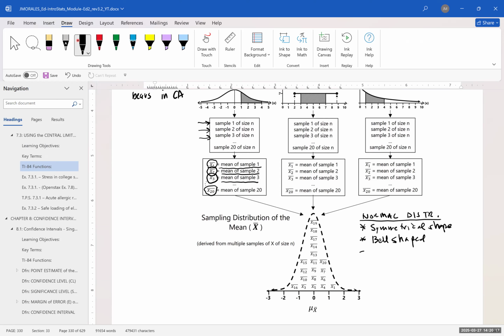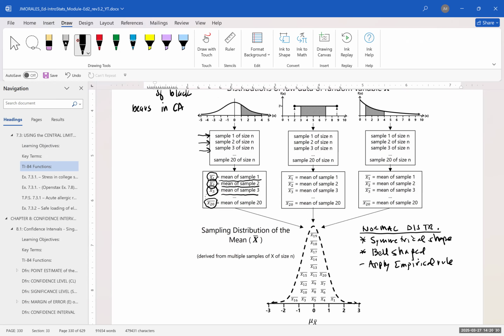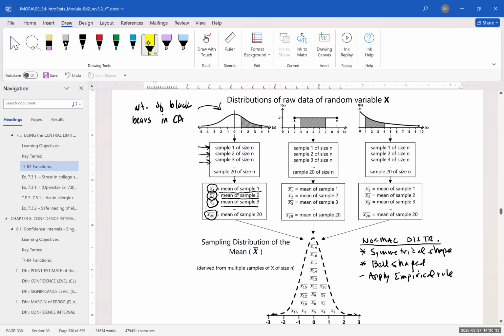And because of those things, we could also apply the empirical rule to it. Now, that's if we were to follow this path down to graphing the distribution of sample means in order to come up with a normal curve.